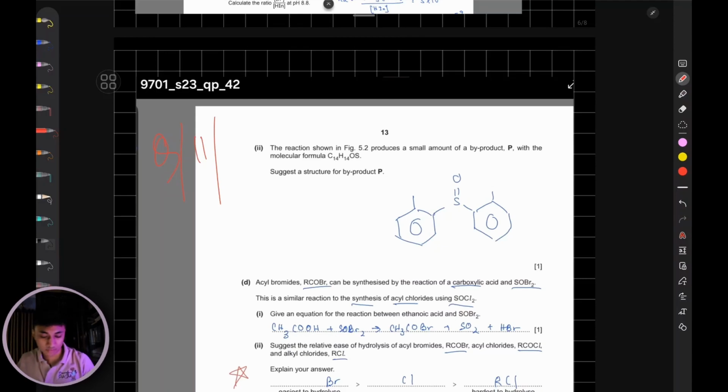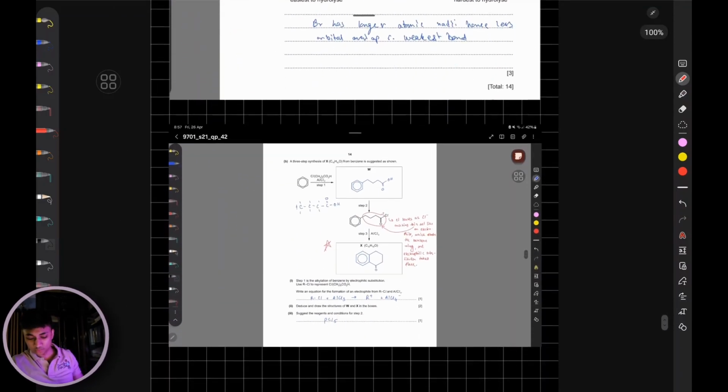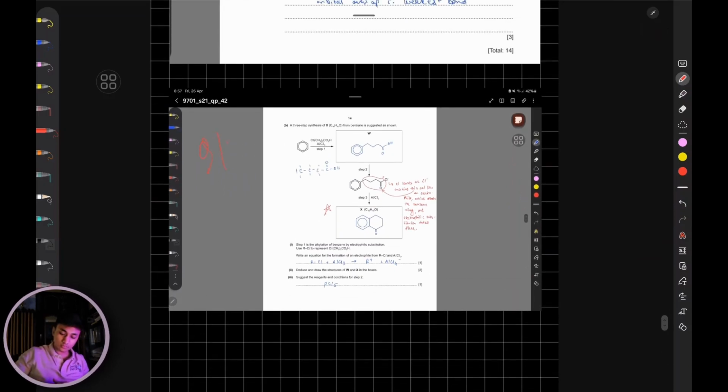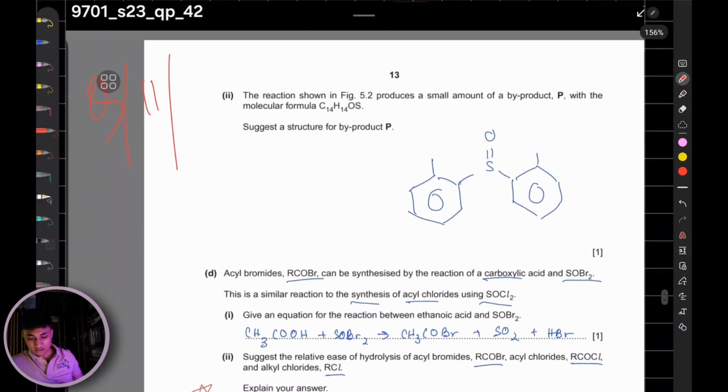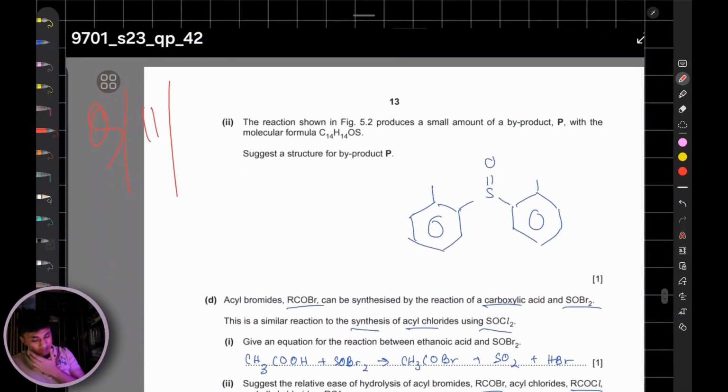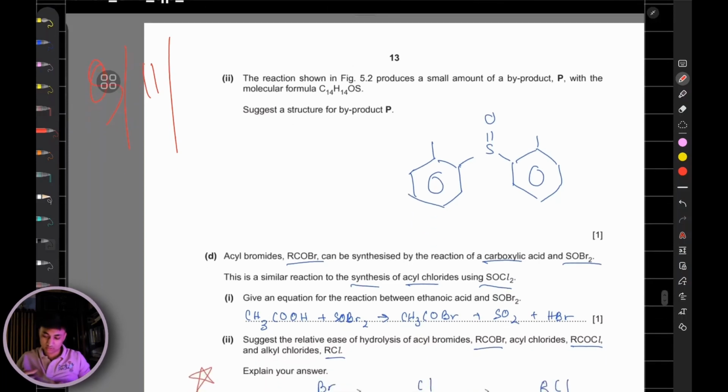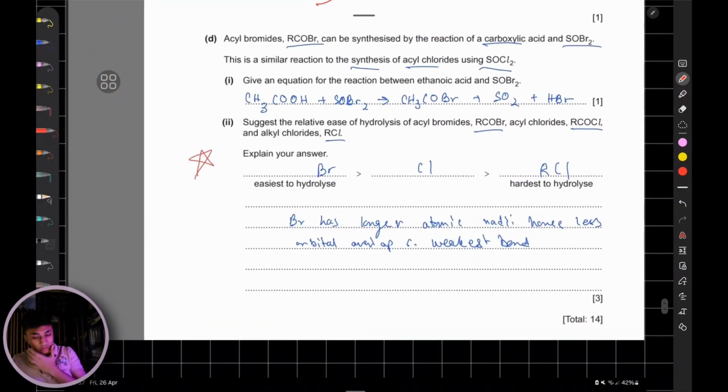Question 11 is from 9701, Summer 23, paper 4-2. Okay, so part D: acyl bromide, RCOBr, can be synthesized by reaction of carboxylic acid and SOBr2.